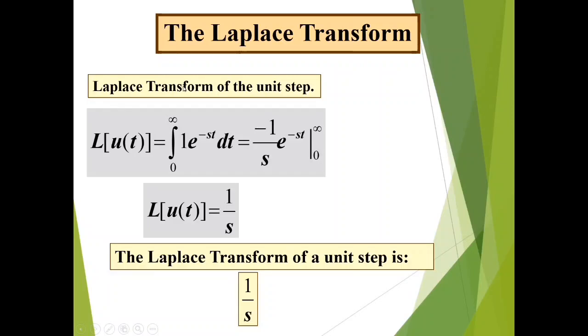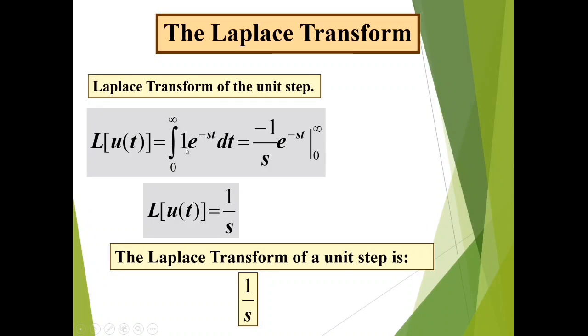Now, Laplace transform of the unit step function. So, u of t is taken as the unit step. So, Laplace transformation of the unit step, that is L of u of t is equal to, as we know, the formula for Laplace transformation is integral 0 to infinity f of t into e power minus st. But f of t here is the unit step.